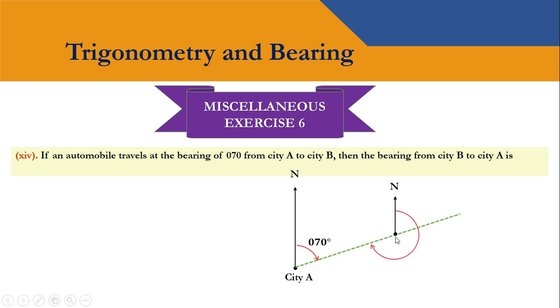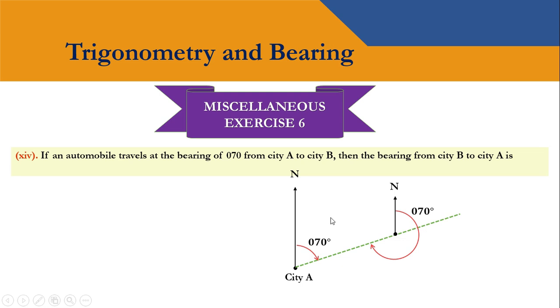From the location of city B, we can calculate the bearing for city A. As we know, both of the angles are cutting the parallel lines, that are the north lines. So the angle formed here is equal to the angle formed here, because corresponding angles of parallel lines are equal.